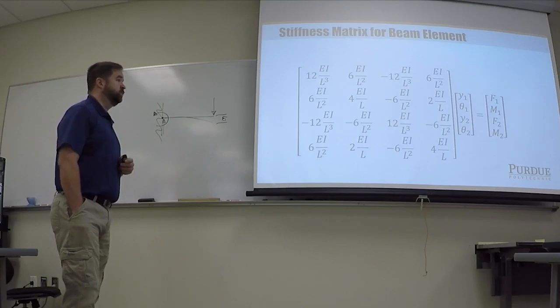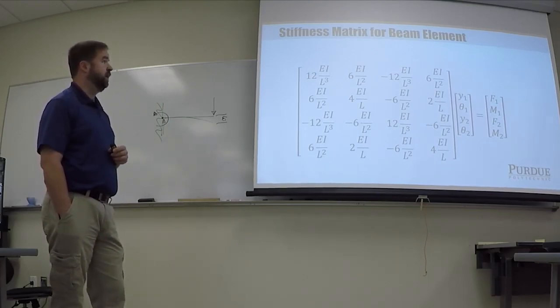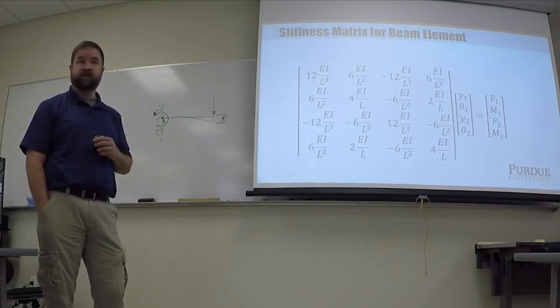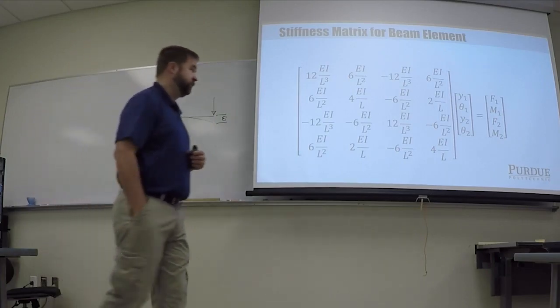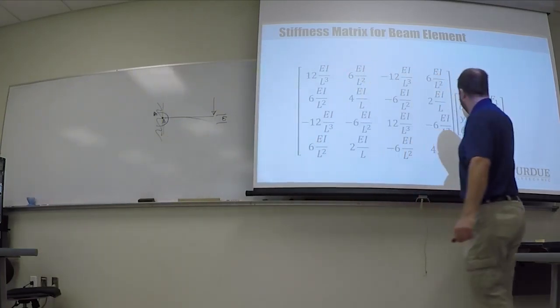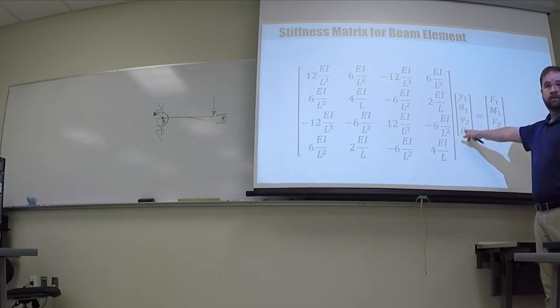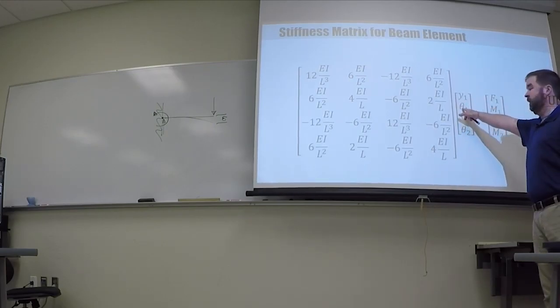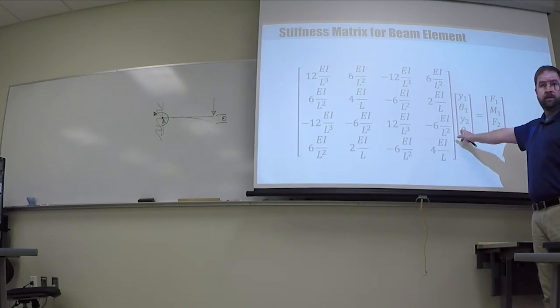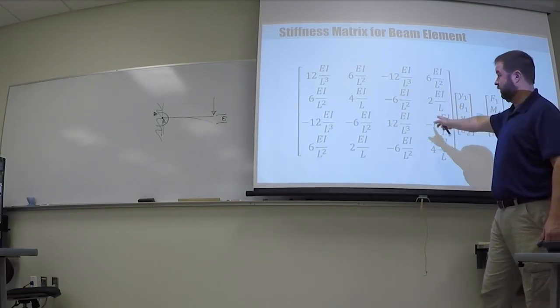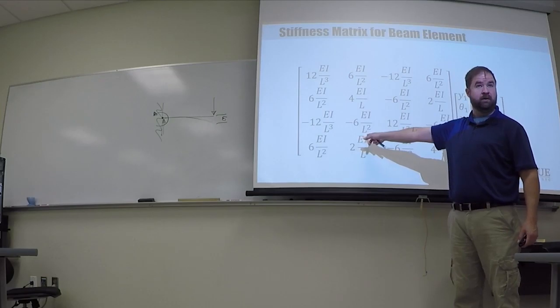So this is what the stiffness matrix looks like for that beam element that we saw on the previous page. Notice now I have 4 degrees of freedom. I have Y degrees of freedom and I have rotation degrees of freedom. Because I have 4 degrees of freedom, the stiffness matrix is a 4 by 4.